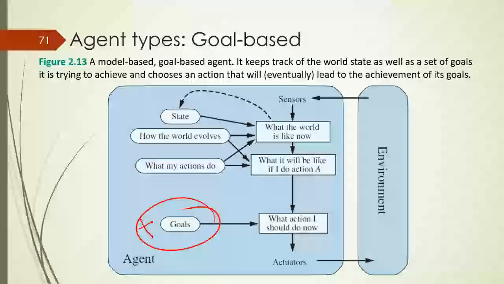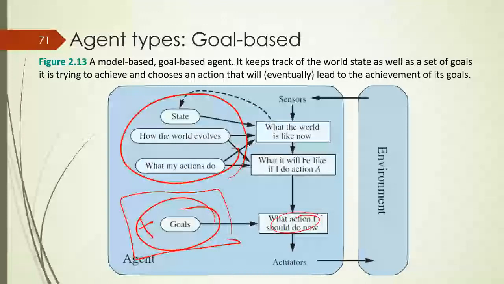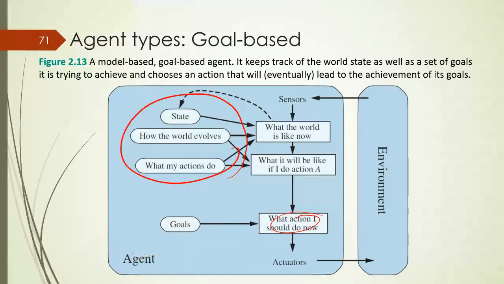Still trying to build a model of the environment, but our decision will be more complicated. Input to the decision maker from this side will be more complicated. A combination of the goal with other short-time decision mechanisms.